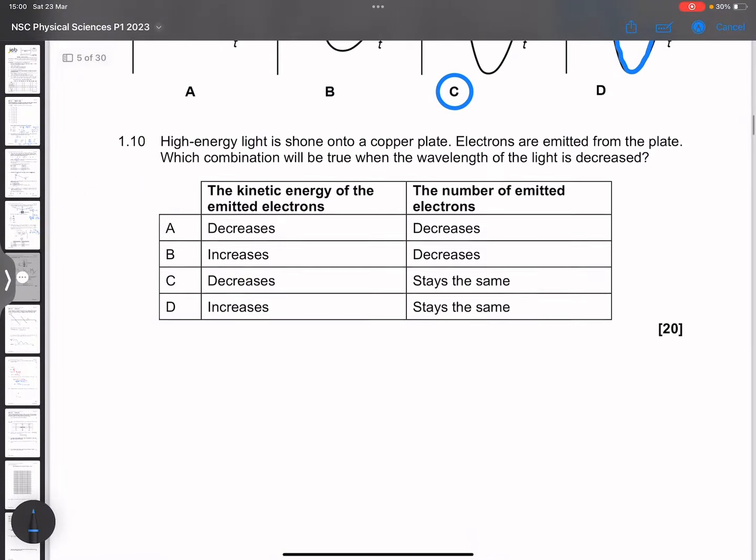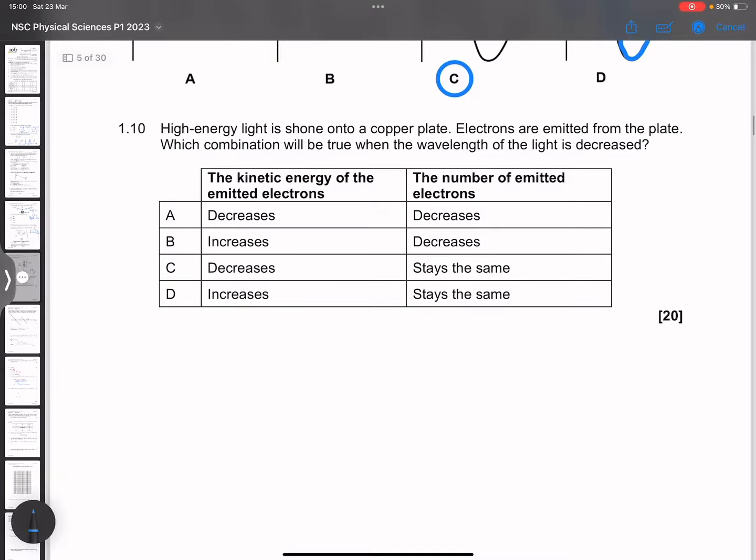Okay, right. And finally, they say to us, high energy light is shone onto a copper plate. Electrons are emitted from the copper plate. Which combination will be true when the wavelength is decreased? Now, please remember, the energy of a photon is Planck's constant multiplied by the frequency.